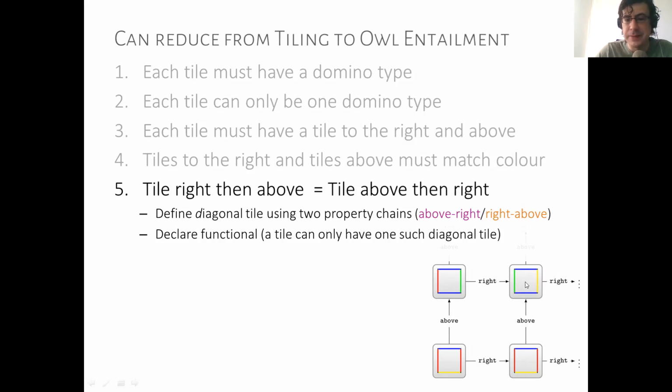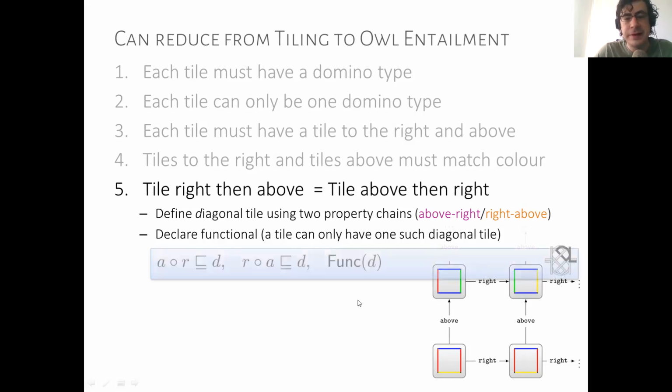And this removes the possibility that we have two diagonal tiles, one above right and a different one right and above. To define that in OWL, we say that this symbol here means followed by, so it's like a property chain. So above followed by right is a subproperty of D, or right followed by above is a subproperty of D, and D is functional.